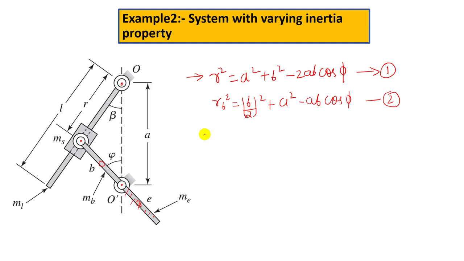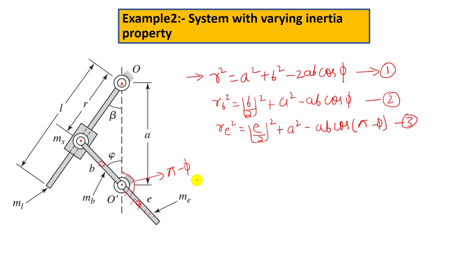This will be our second equation. Similarly, r_e square will become (e by 2) square plus a square minus ab cos. Here, when we take the angle between a and e by 2, that angle will be pi minus phi. So here we have to use pi minus phi. This will be our third equation.